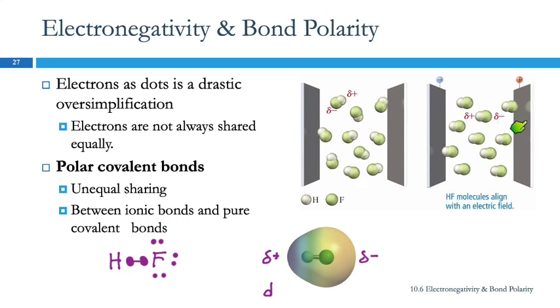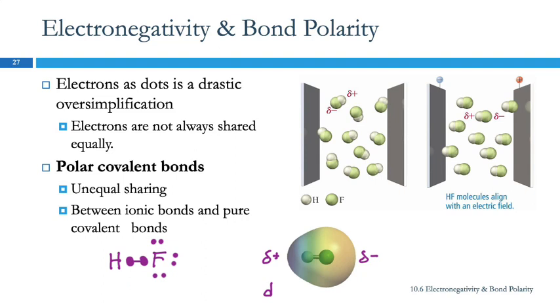If we apply an electric field across these two plates so that this plate is negatively charged and that one is positively charged, all of these little molecules are going to swing around almost like a compass, right? And they're going to point their positive ends toward the negative plate and their negative ends towards the positive plate.